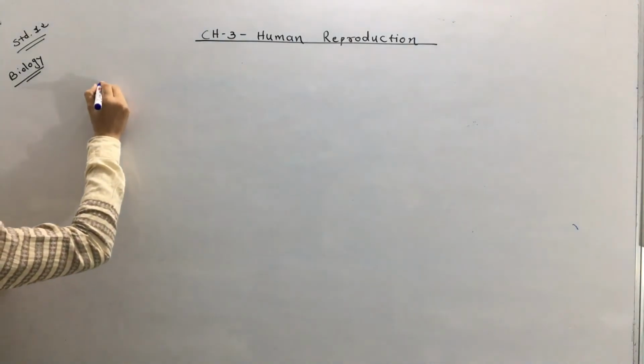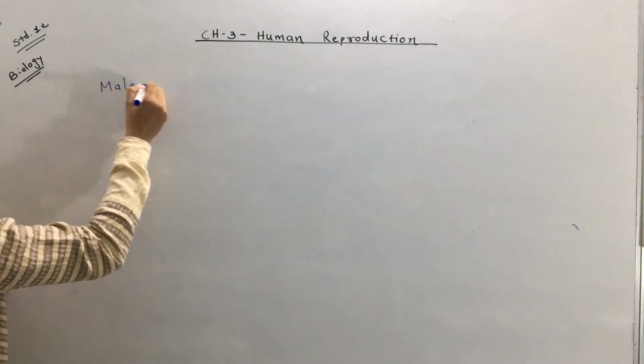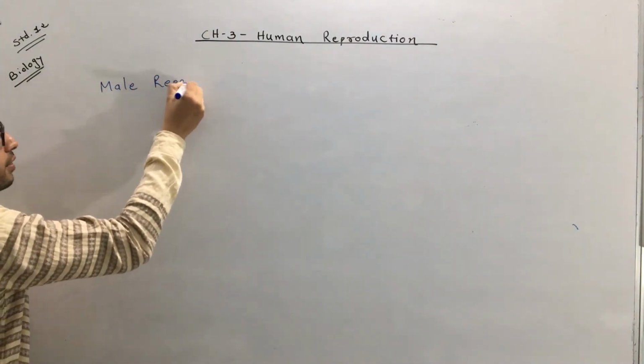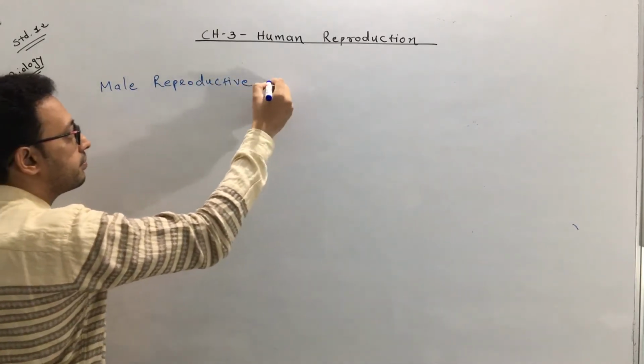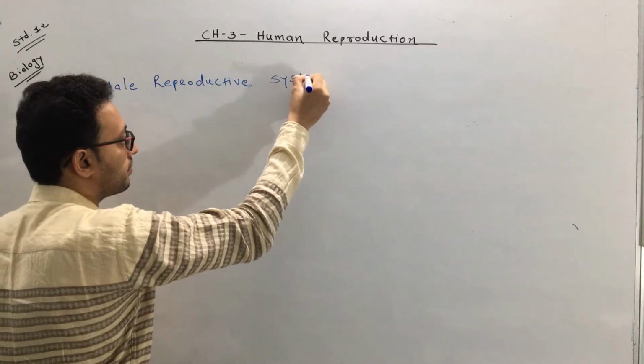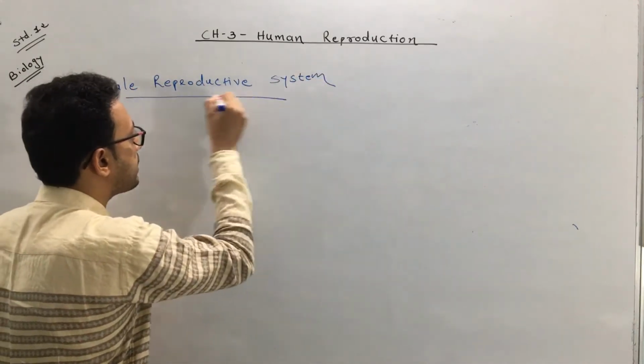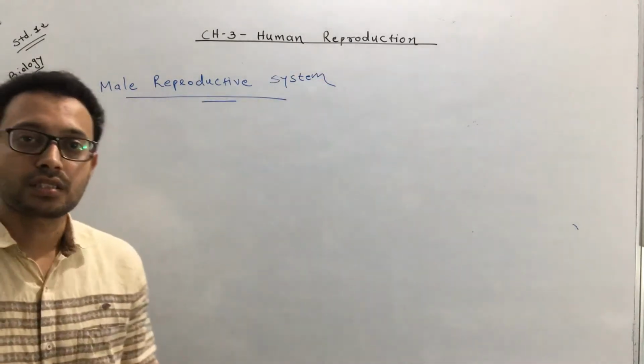So start with the male reproductive system. It's like the other systems we have learned in 11th science.